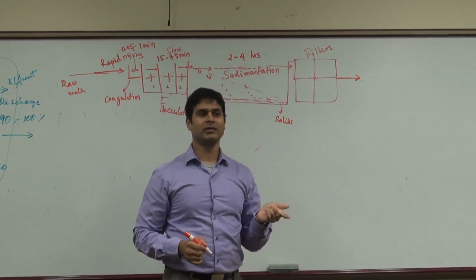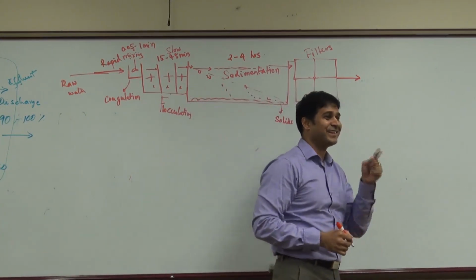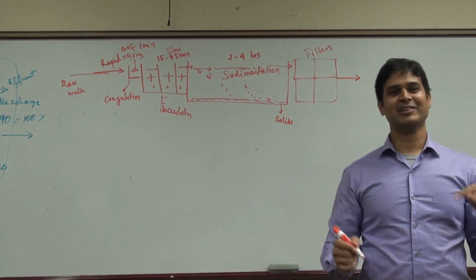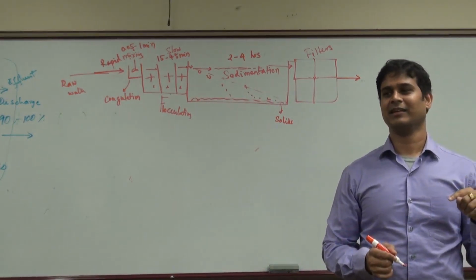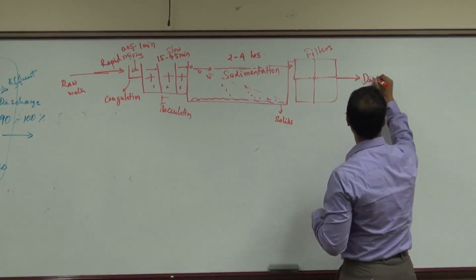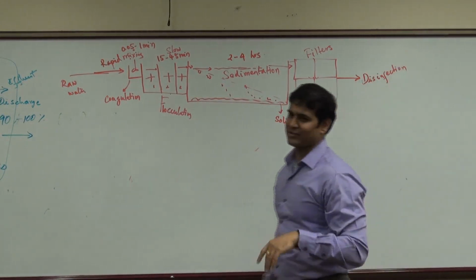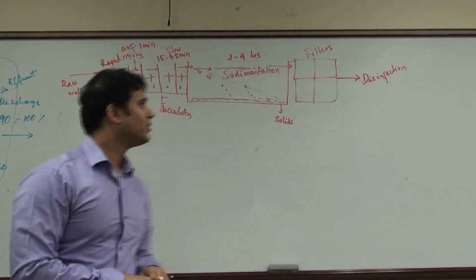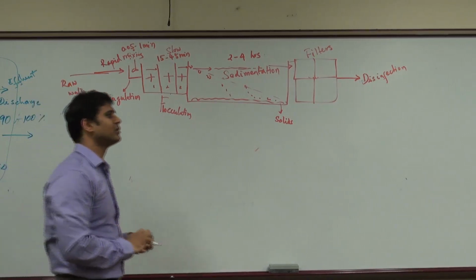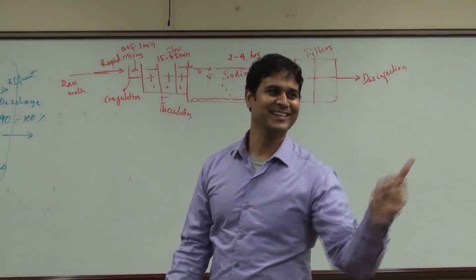Could you use the technical term for it? Disinfection. Disinfection, I'm happy. So disinfection. That's what it is called, chlorination, in other words. It's so much used, you just get it, chlorination, but not the answer.